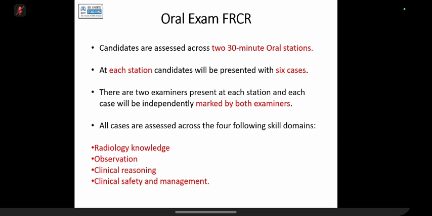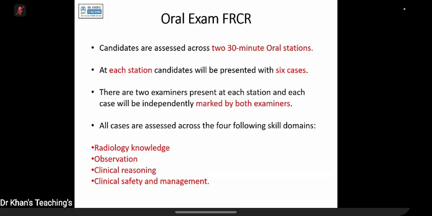Let's revise what has happened from June 2025. The last exam, June 2025, was only for UK candidates, including IMGs or NHS workers, but I think nobody from overseas participated. So for your exam, it will be a good revision of what will happen.